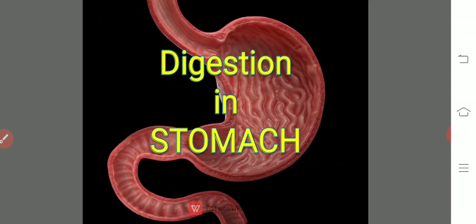Now, along with the food which has entered the stomach, the lingual lipase is mixed within the food. This lingual lipase is highly active in the acidic medium, and about 30% of the entire lipids is digested by the lingual lipase.